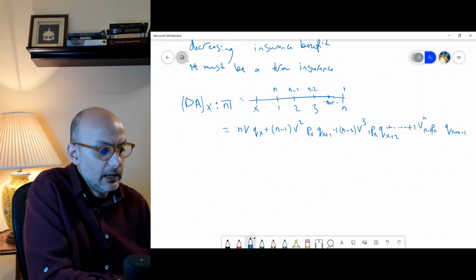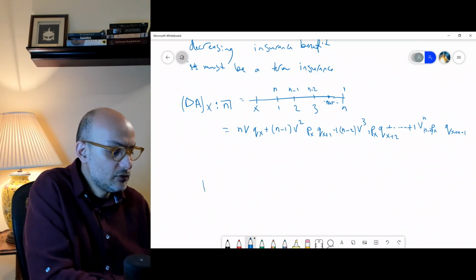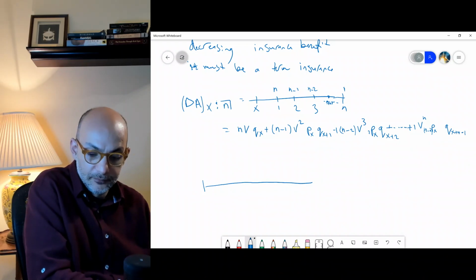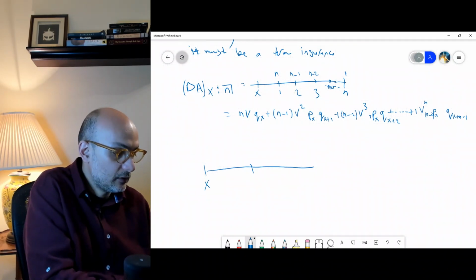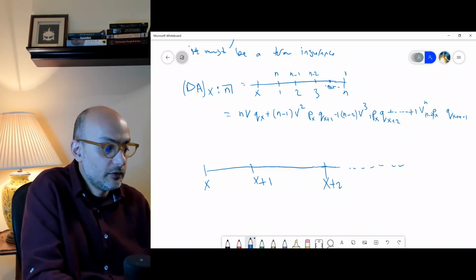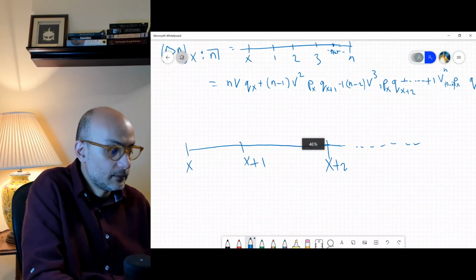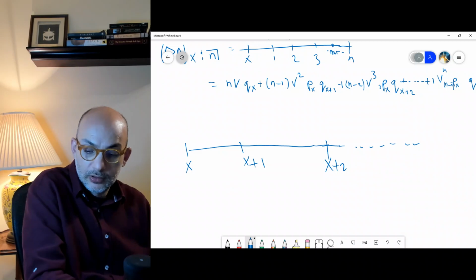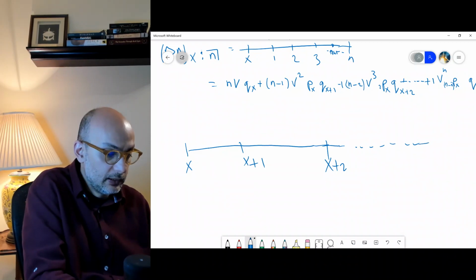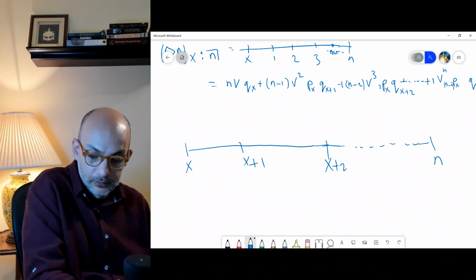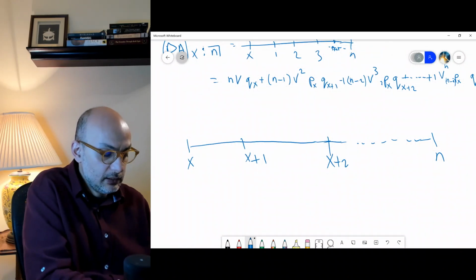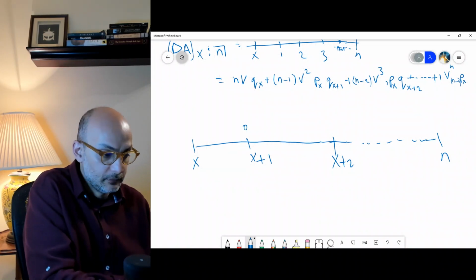So the DA is, imagine now you have this relationship, right? You have x plus 1, x plus 2, all the way to, let's say, n. So the benefit you get here is n.